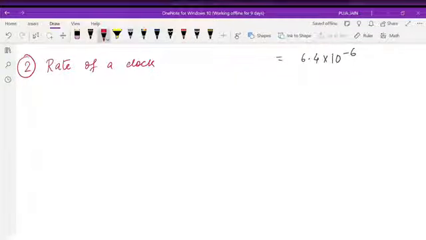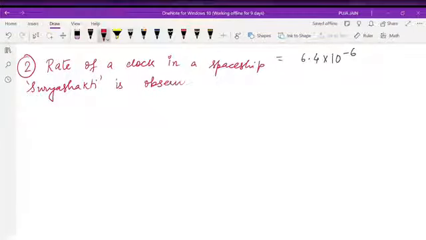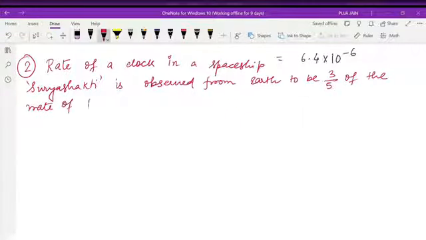See, the rate of a clock in a spaceship, Surya Sakti, this is the name of the spaceship, is observed from Earth to be 3 by 5 of the rate of the clock on Earth.